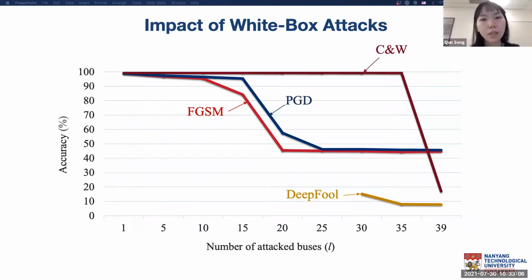Because it's an optimization method, right? So I think it's understandable that it cannot have a very high success rate if it cannot modify every dimension of the input. Okay, thank you.